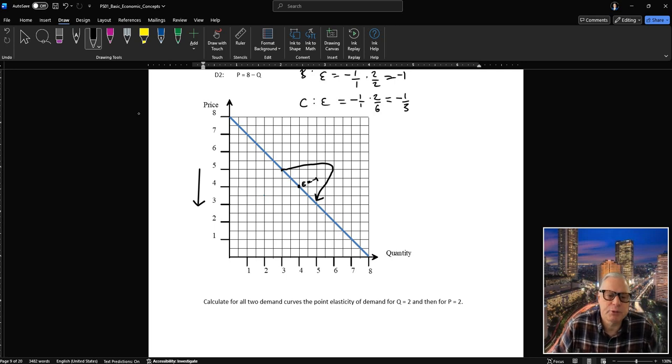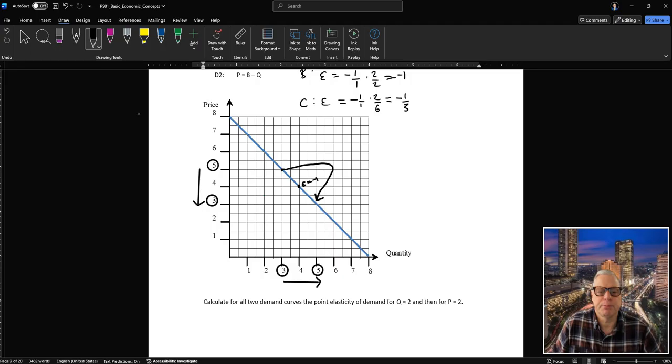So that means if the price goes down from 5 to 3, then quantity demanded goes up from 3 to 5.